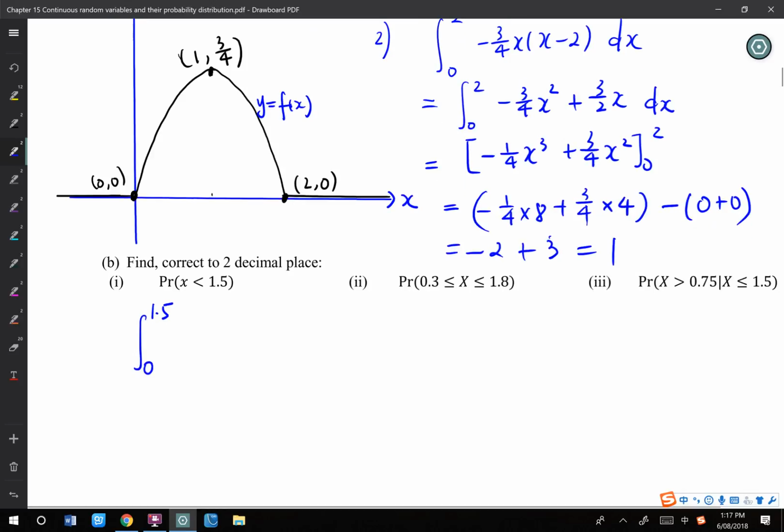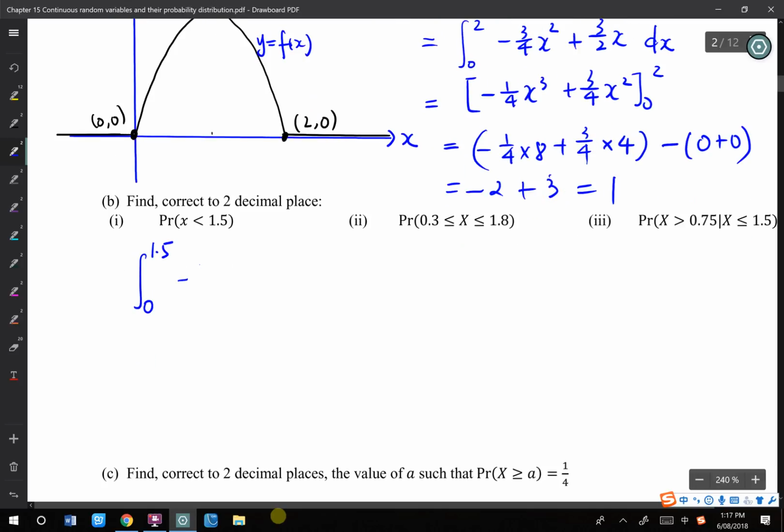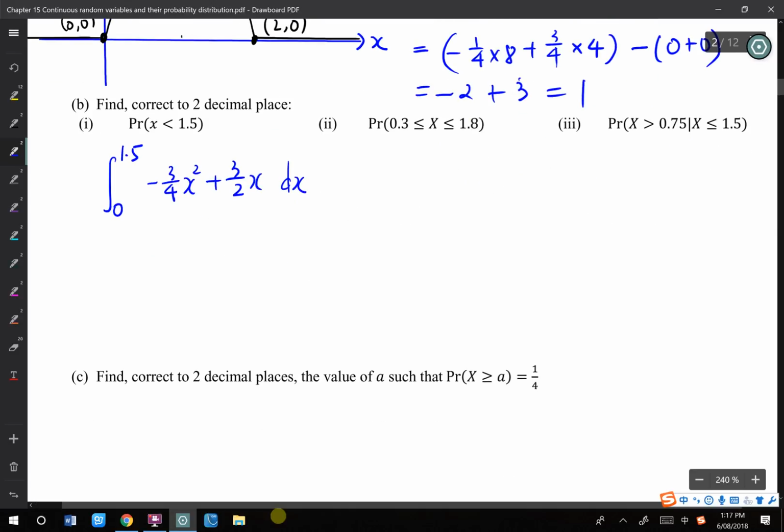And then you put the function in. That's minus 3 over 4 x squared plus 3 over 2x dx. We'll expand the formula here. And that's minus a quarter x cubed plus 3 over 4 x squared. Put 0, 3 over 2.